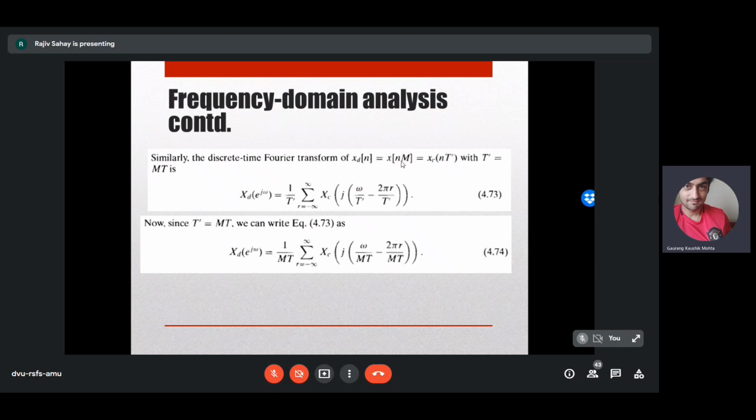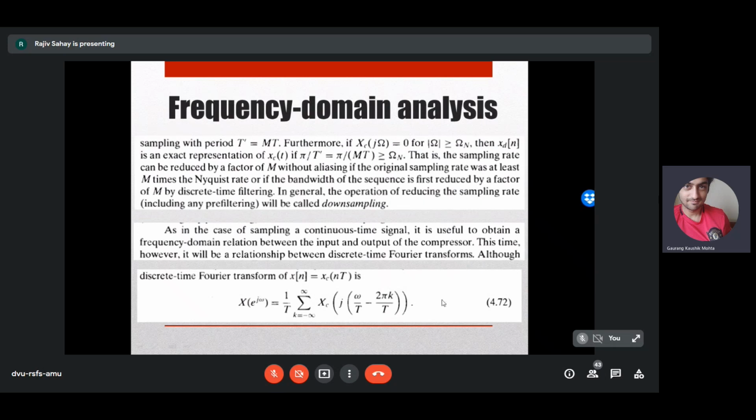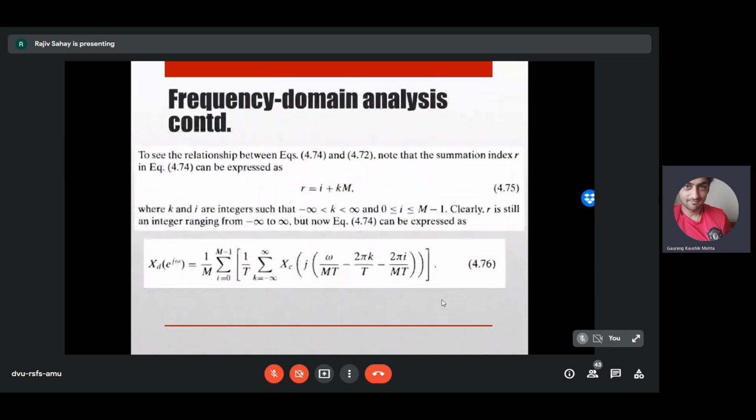Now we want to find out the relationship between X_d(e^jω) and X(e^jω). We can write the summation index r as r equal to i plus kM, where k and i are integers such that k goes from minus infinity to plus infinity and i goes from 0 to M minus 1. Because this is a summation from minus infinity to plus infinity, you can split it like this.